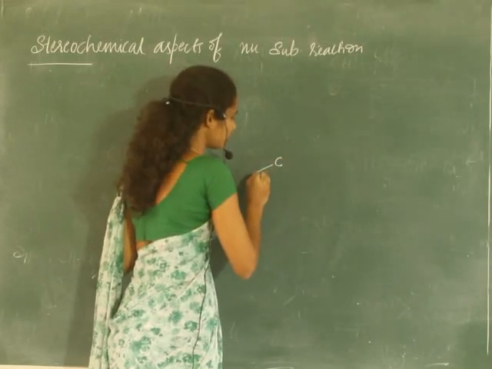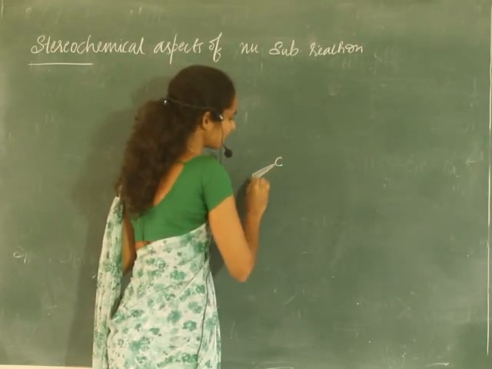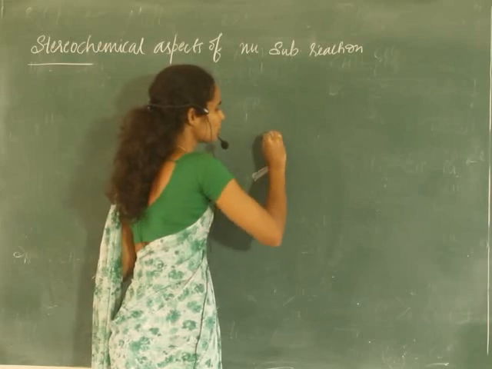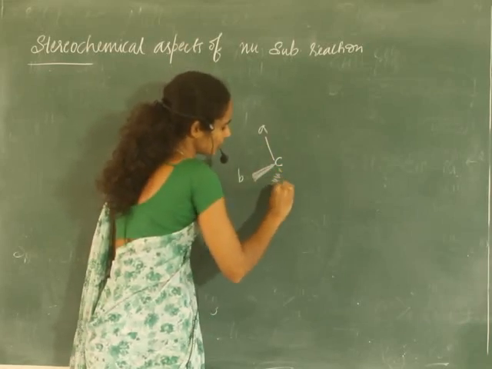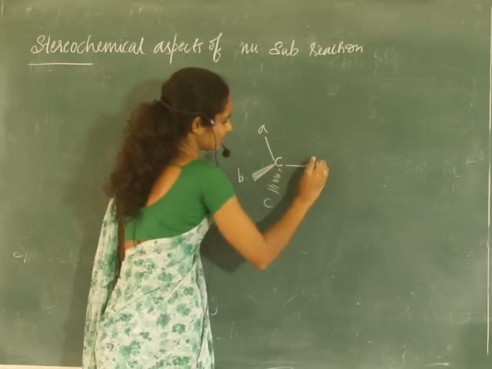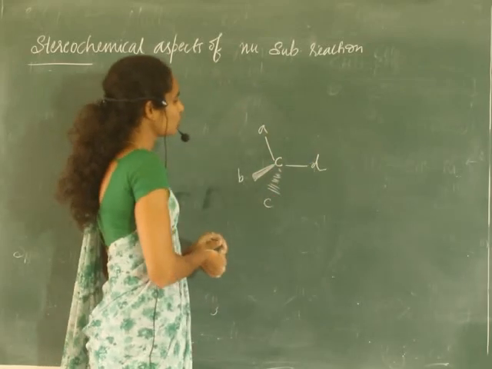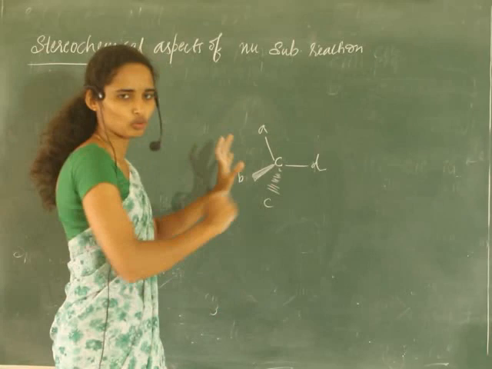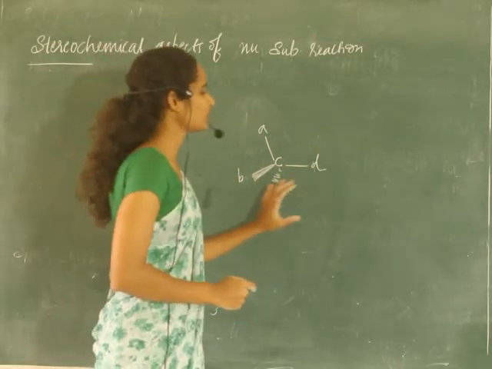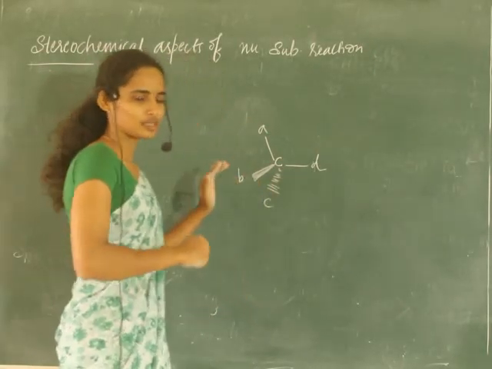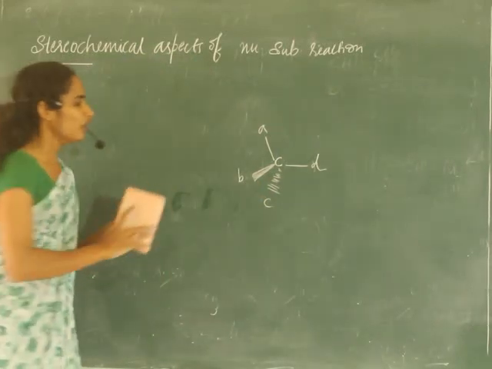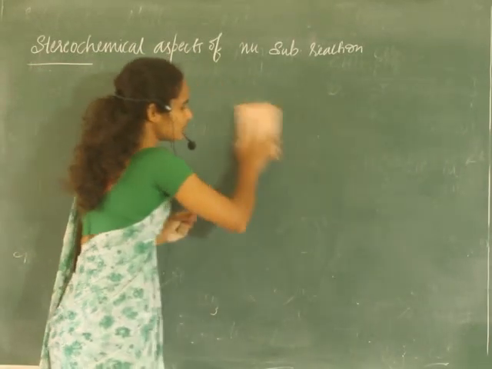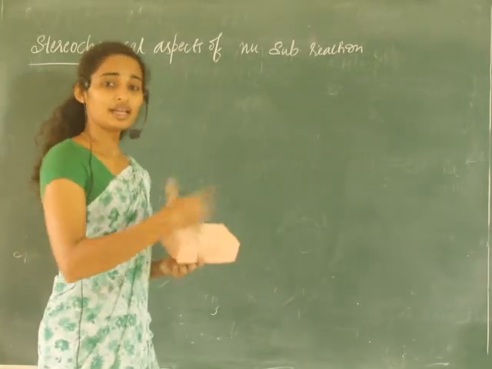For example, we represent that by a wedged line or a solid line, which represents the spatial arrangement of atoms. Then those compounds will show optical isomers. These concepts we discussed last year.